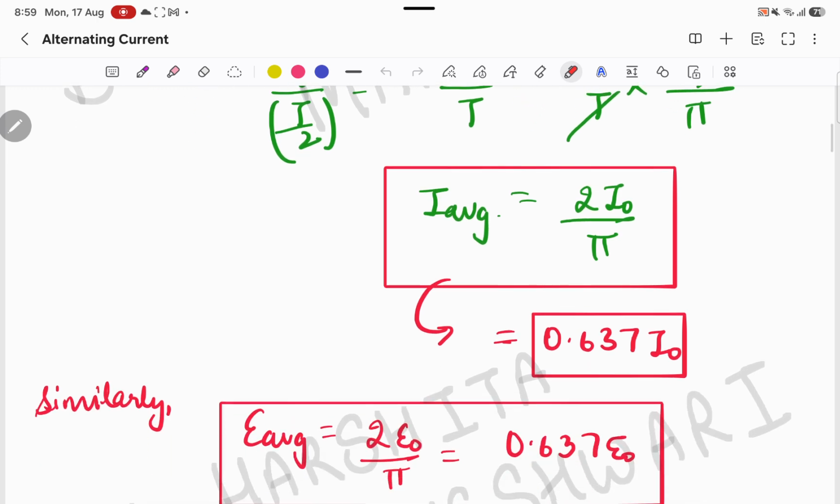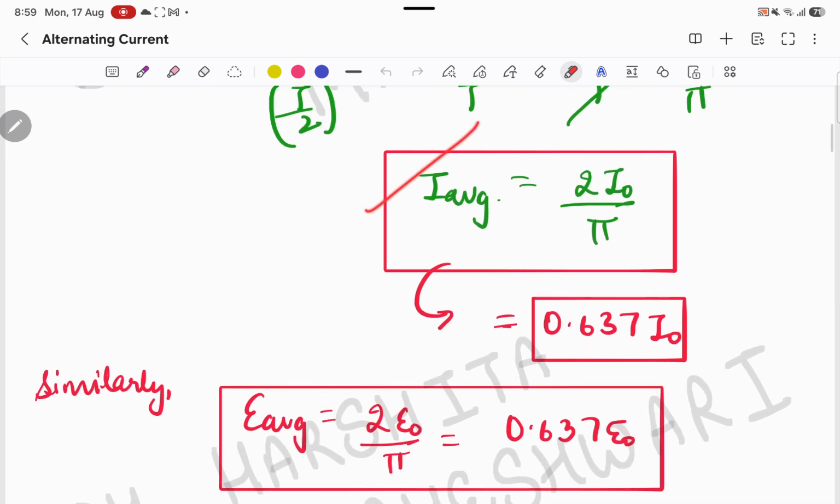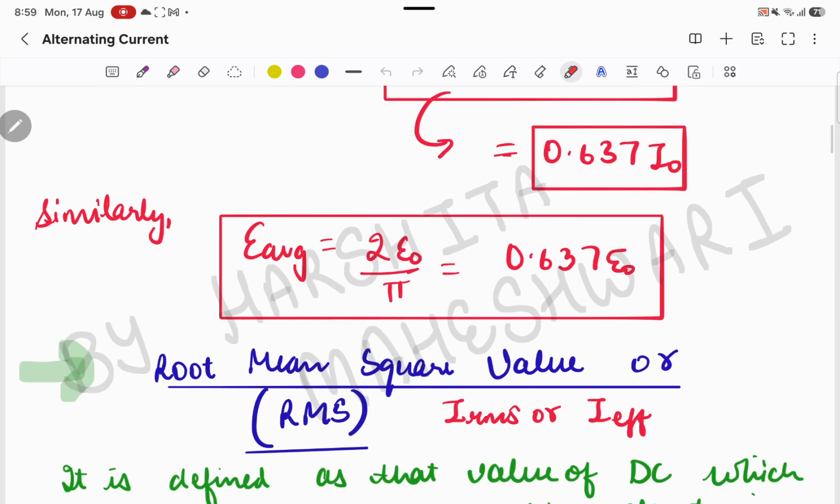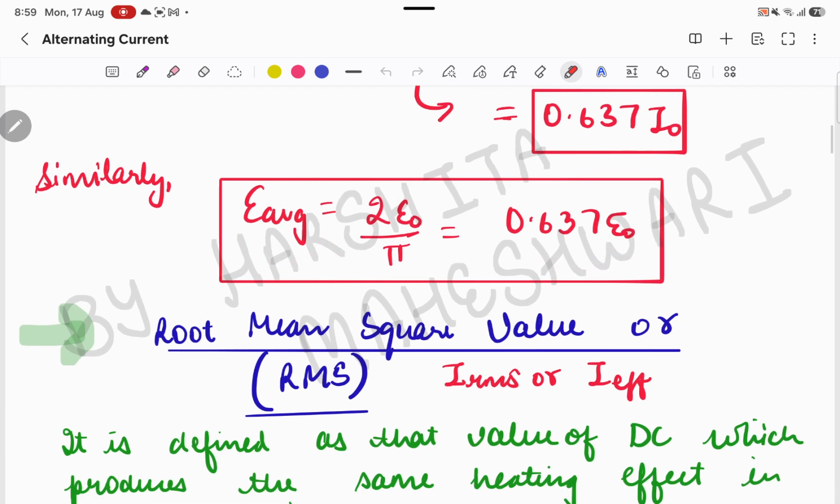We have to learn both ways, the formula-wise and the numerical-wise, that is 0.637 I naught. How did we calculate this? 2 divided by the value of pi. Then we can just learn it directly. Okay. In a similar manner, we have the value for E average, that is 2 E naught by pi, equal to 0.637 times E naught. Okay. This is the value of the average.